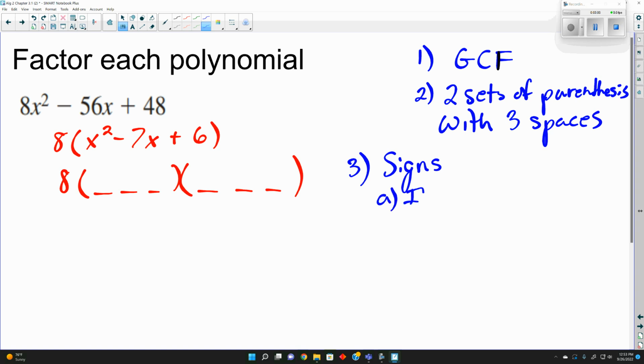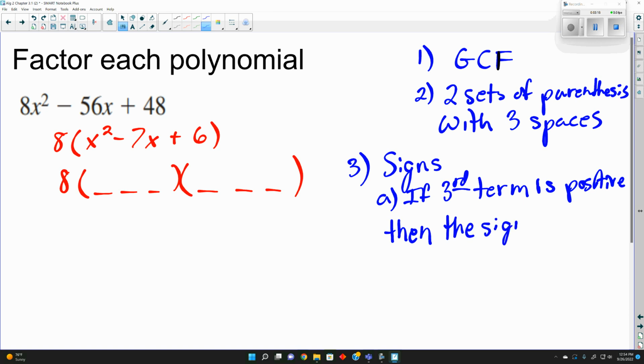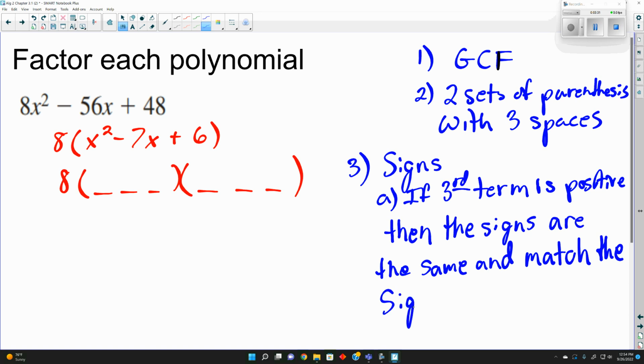Now, if the third term is positive, then the signs are the same and match the sign of the middle term.